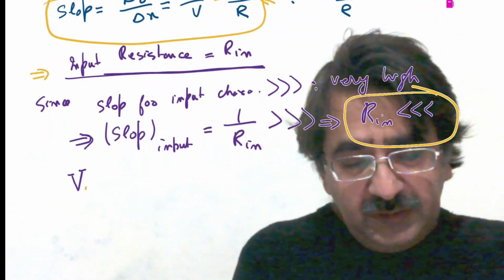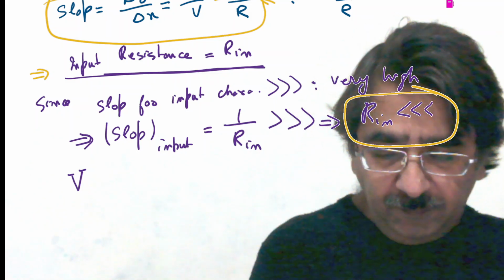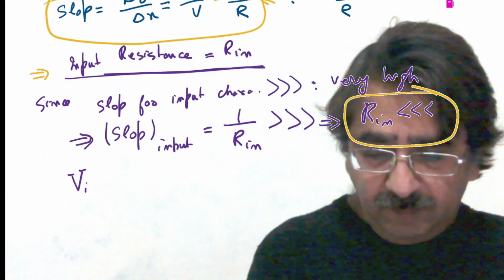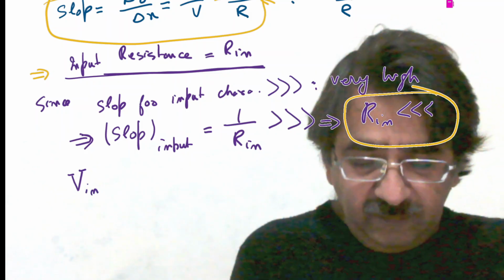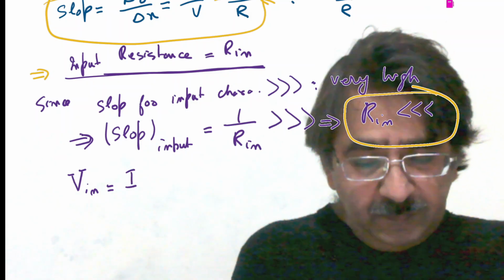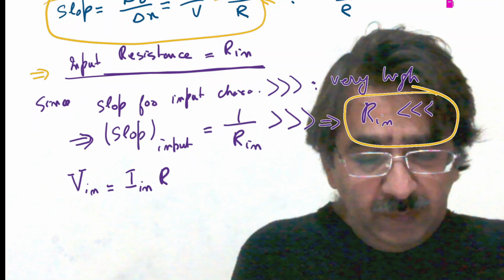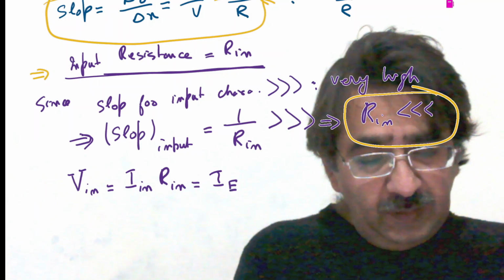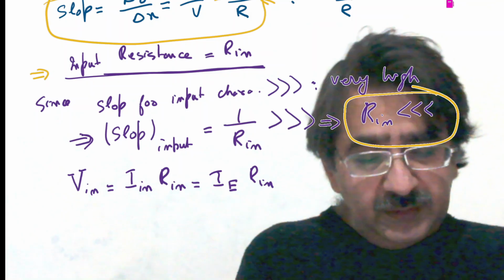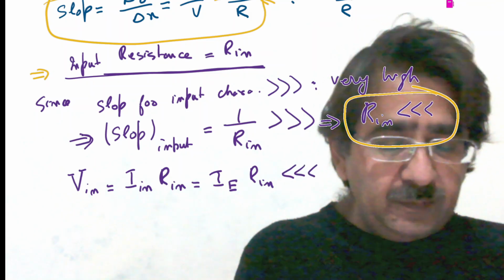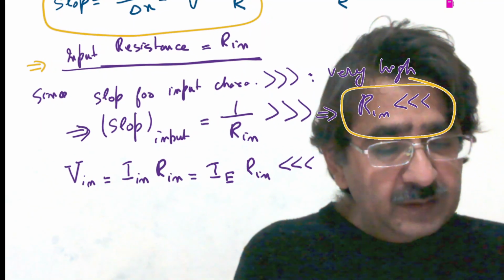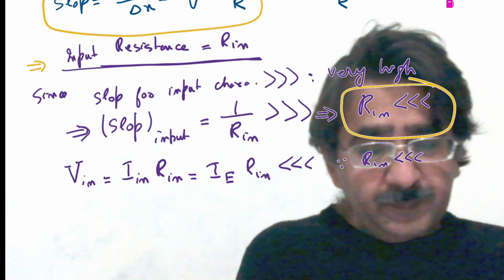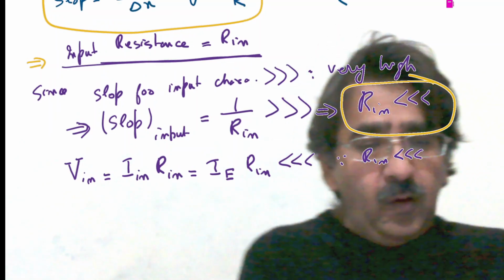You may say that V in equals I in times R in, where I in is IE, and because R in is very small, V in will be very small.